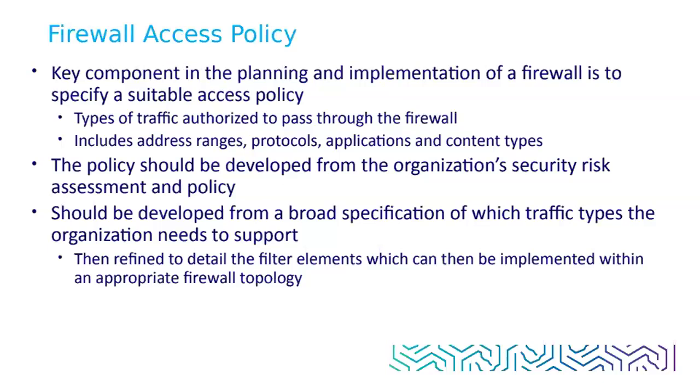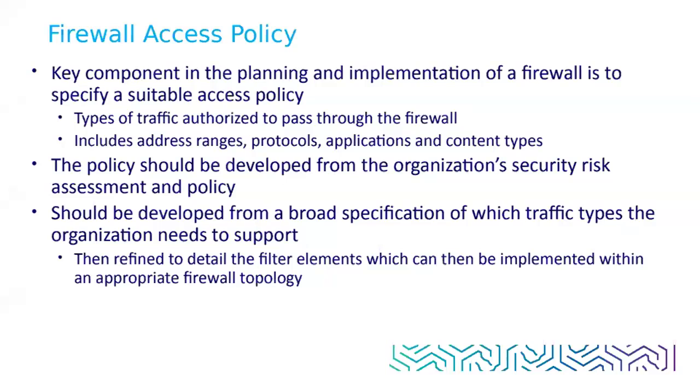Now let us look at a very important topic, the firewall access policy. An important question arises when we are using firewalls: how does a firewall know which traffic is authorized and which traffic should be blocked? The only answer is the firewall access policy. Without an access policy, a firewall would not know what decisions to make.